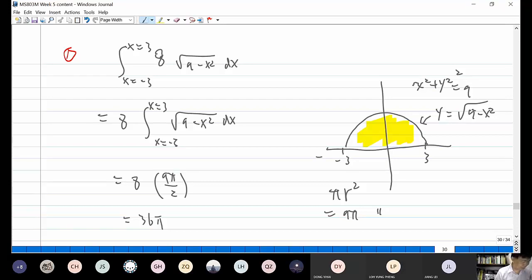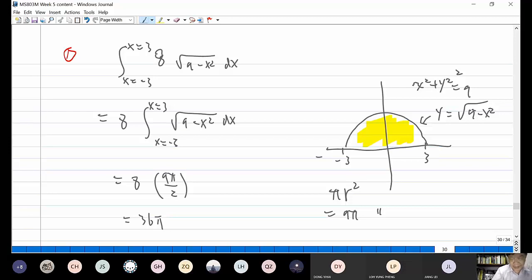So putting together, the answer finally is 36 pi.